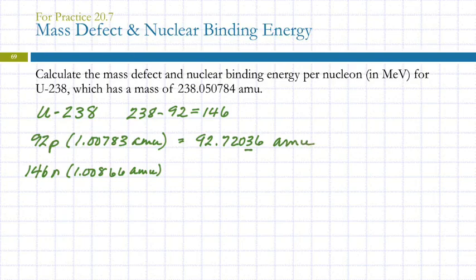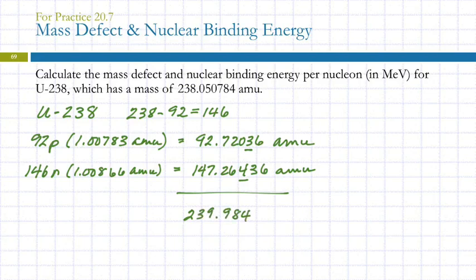And 146 times 1.00866 is 147.26436, 6 sig figs. There we go. And then we're going to add those together to get 239.98472 atomic mass units.